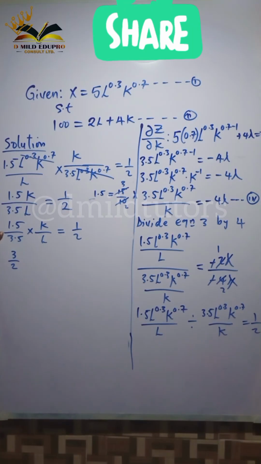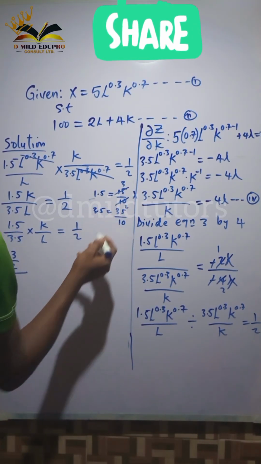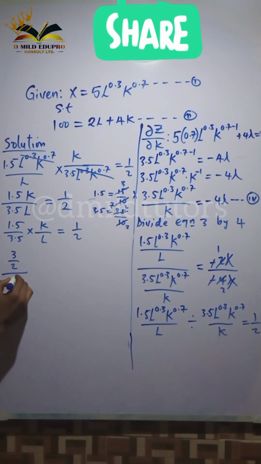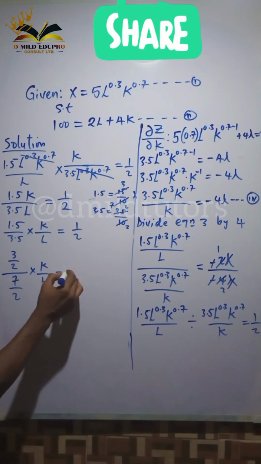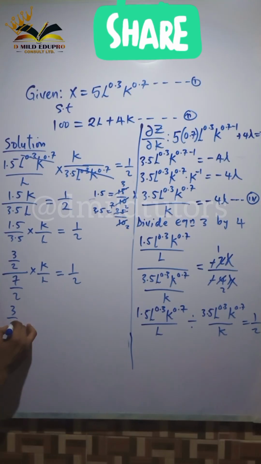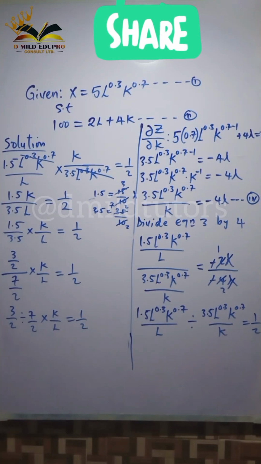Then 3.5 is the same as 35 over 10, right? 5 can go here, you have 7. 5 can go here, you have 2. So 3.5 will be 7 over 2, then times K over L equals 1 over 2. All right. Now, this can be written as 3 over 2 divided by 7 over 2, then times K over L equals 1 over 2. All right.